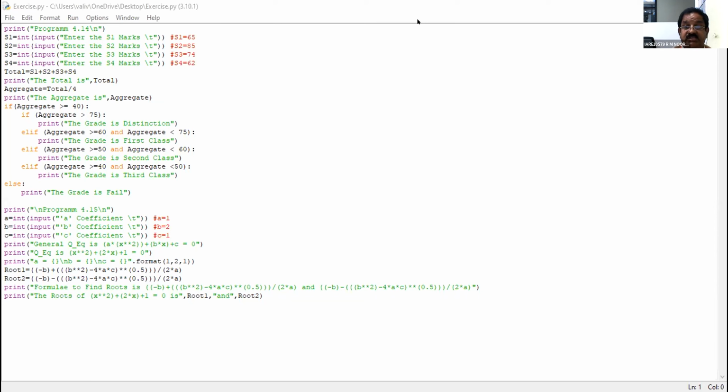Then for 3 cases: the discriminant equals 0, less than 0, and greater than 0. If it equals 0, roots are real and equal. You have to calculate it. If it is greater than 0, roots are real and distinct. If less than 0, roots are imaginary, right? All these things you have to do, and you have to display that, right?